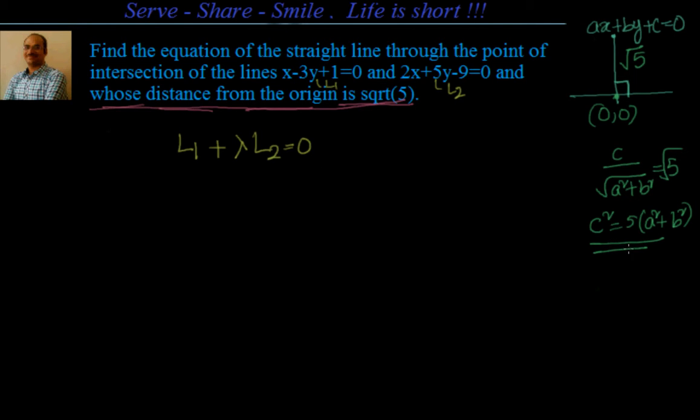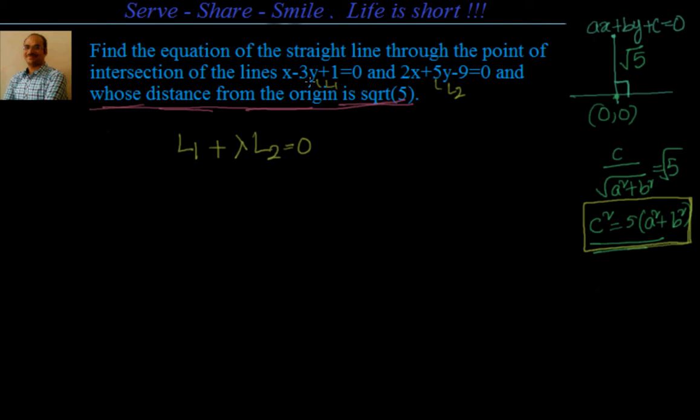We are interested that c square equal to 5 into a square plus b square. We know that condition. Using that condition, we will be able to find out the value of lambda. Once we get the lambda, it's pretty simple. Substitute the value of lambda in L1 plus lambda L2 to get the equation of the straight line. So the major part will be finding out the lambda.